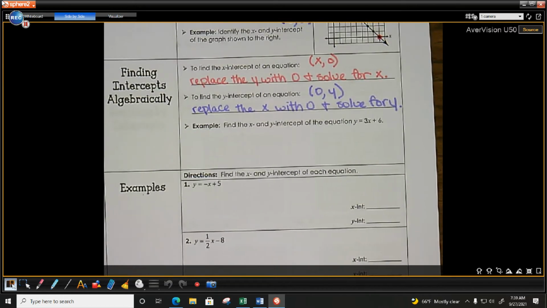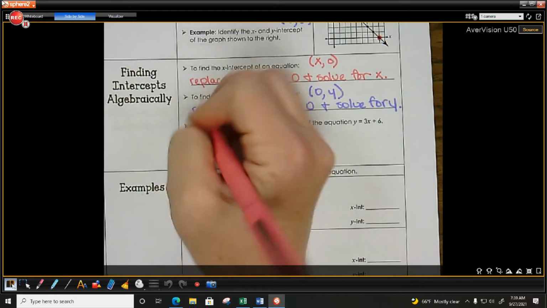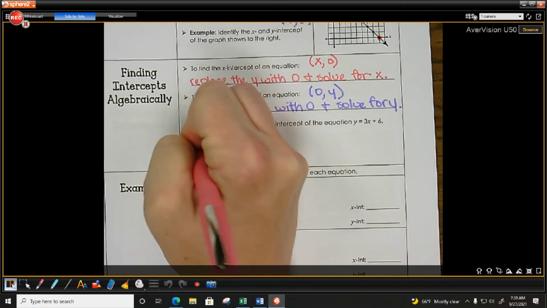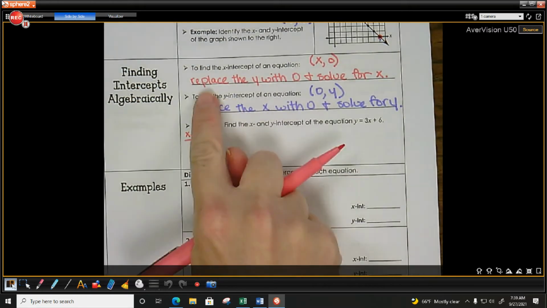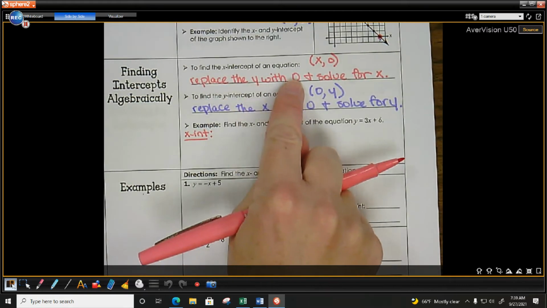So, looking at this first one, let's find our x-intercept. So to find the x-intercept, we are going to replace what? Y with 0.